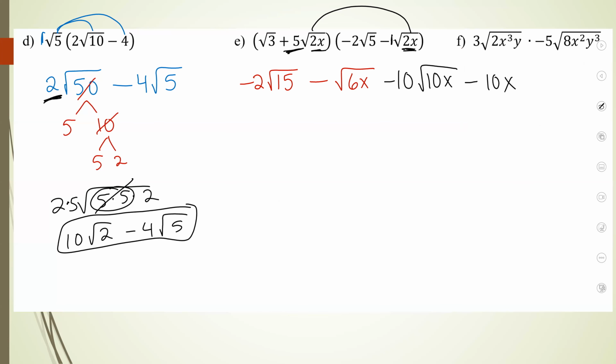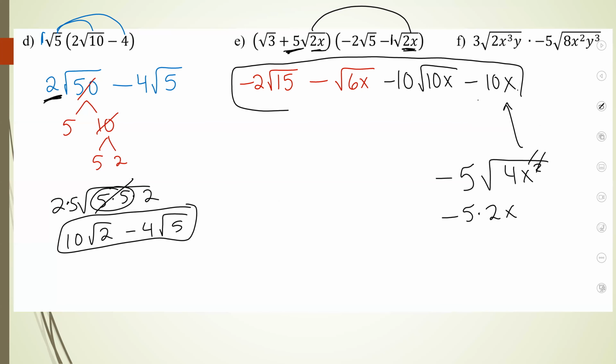Okay, so let me show you what we had originally. Originally, we had a 5 on the outside, a -5 on the outside, and we had 4x squared. Well, the square root of 4 is just 2. That cancels. We just have -5 times 2x. So we have -10x. And that's your whole answer. Just box it. We can't combine any of these because all the radicands are different. So we can't combine anything. Just keep it all separate.